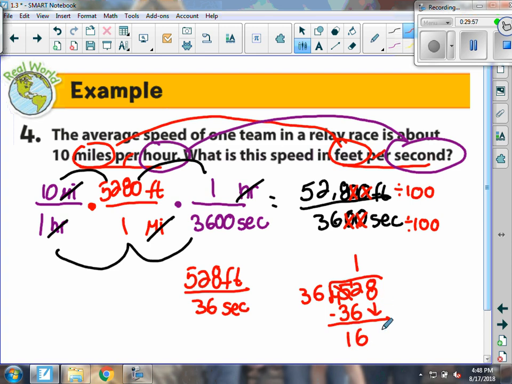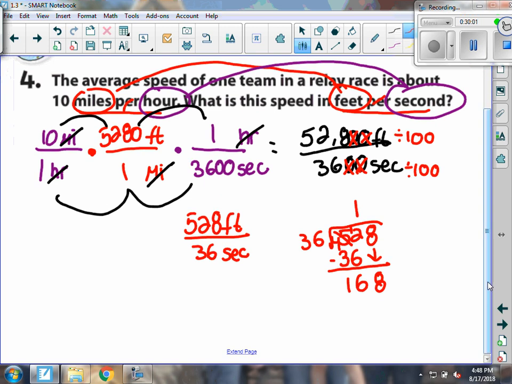I'm going to bring down my 8. 36 goes into 168 4 times. Okay. So when you multiply 36 times 4, you get 144. So I'm going to subtract this. 8 minus 4 is 4. 6 minus 4 is 2.